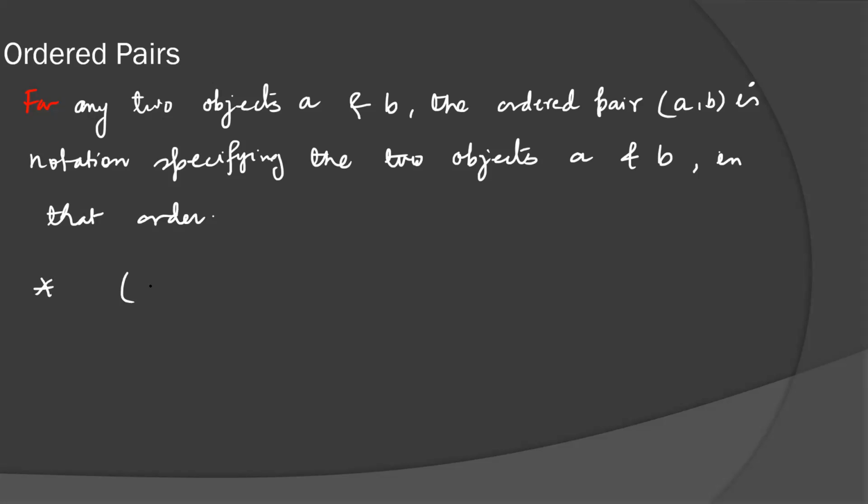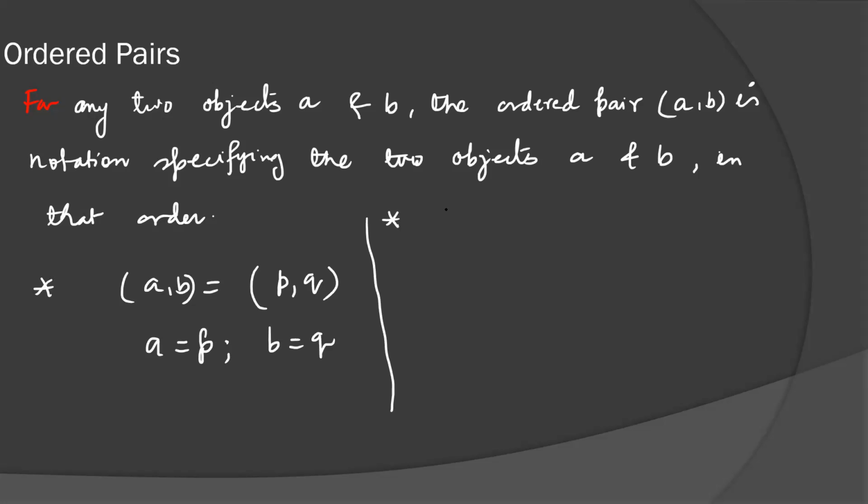If you are claiming that two ordered pairs are equal, then A must be equal to P here and B must be equal to Q here. Then only you can claim the equality of ordered pairs. Equality of ordered pairs: when can we claim it?